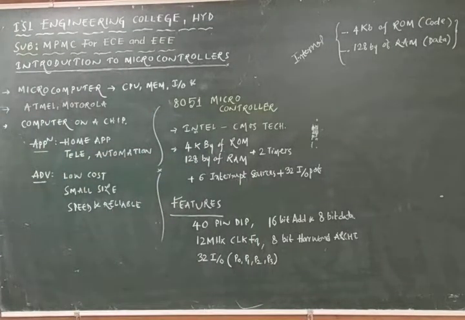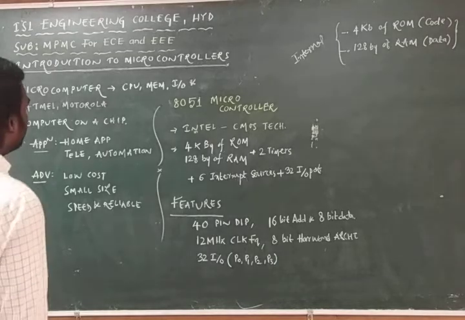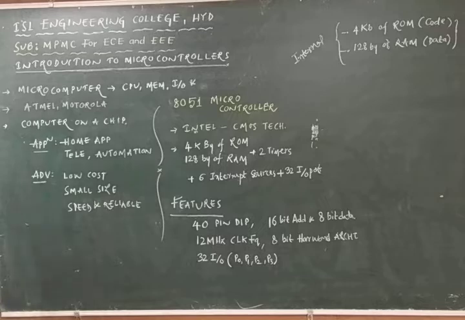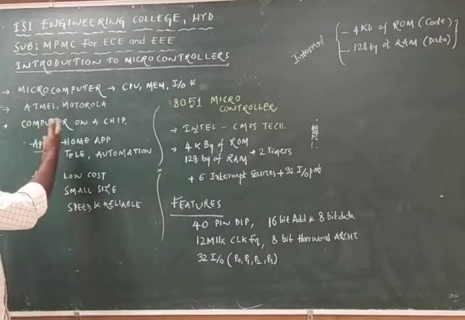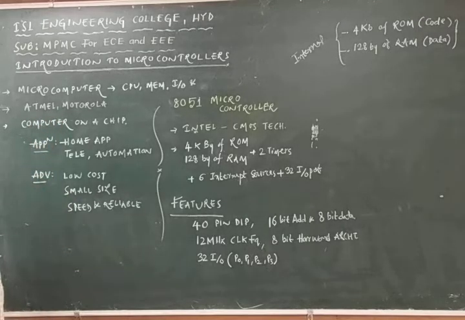Intel Corporation has been producing a large number of microcomputers, in other words microcontrollers, in various versions to meet the demand of the electronics industry. So Atmel, Motorola, Microchip and Intel Corporation have been producing microcomputers for the market.